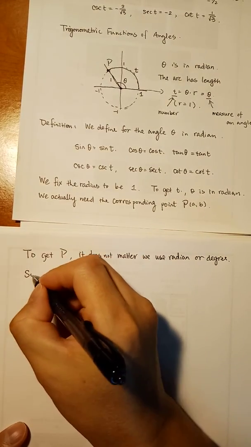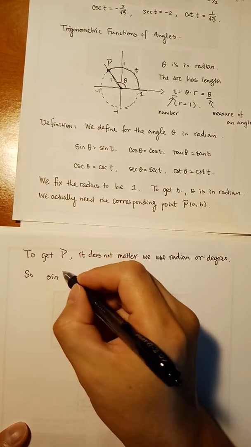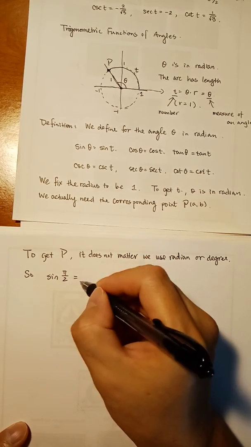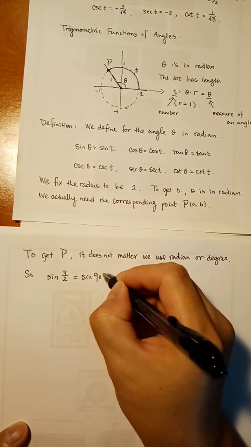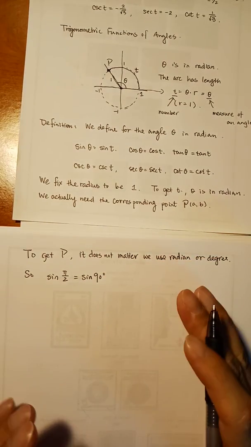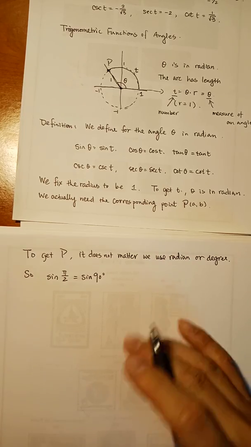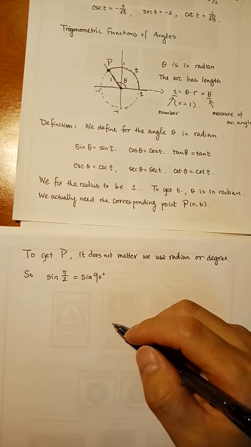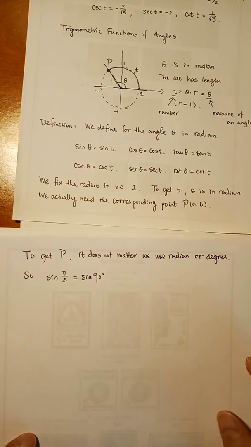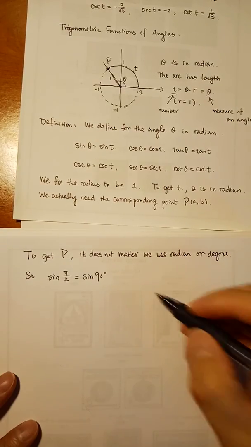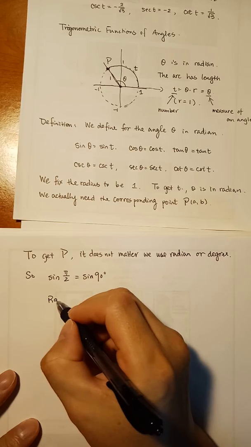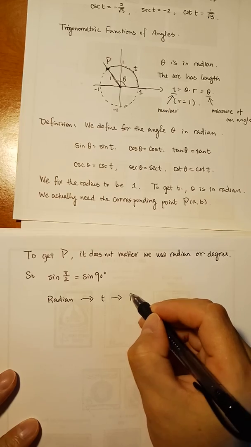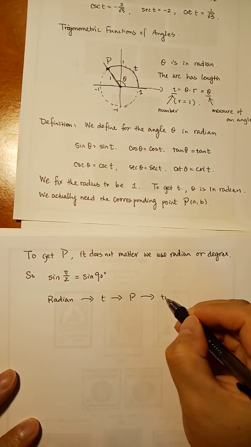So when you compute the sine of pi over 2, you can write sine pi over 2, or you can write sine 90 degrees. There's no difference between these two units. So what I'm trying to explain is that the radian is used to get t, and t is used to get P. P is used to get the trig functions.